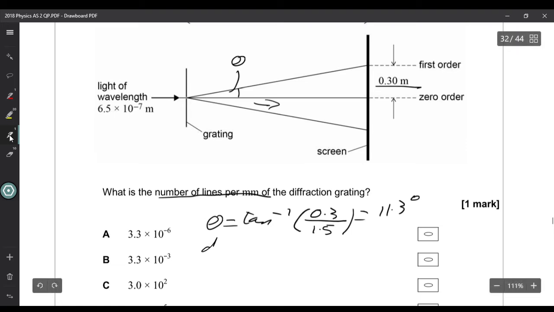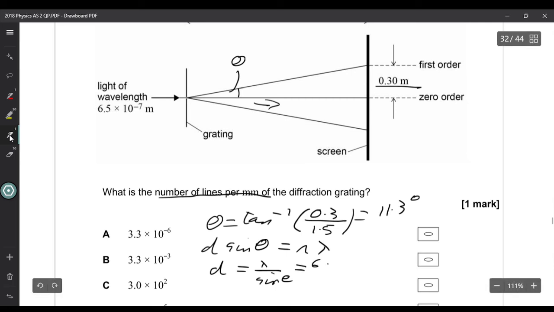We also know that d sine theta equals n lambda. So d is going to be lambda over sine theta for first order.